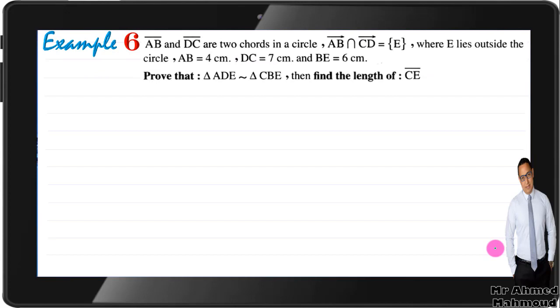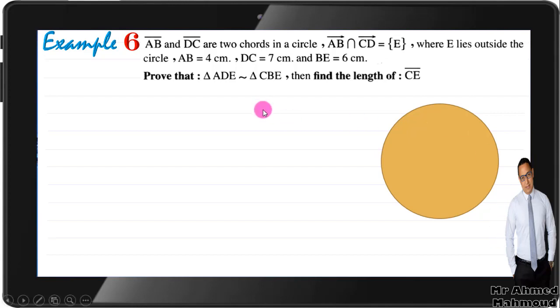Now this is a question without a figure, so we are going to draw this by ourselves. AB and DC are 2 chords in the circle where AB intersects CD at E outside the circle. Okay, the first step, we have a circle.